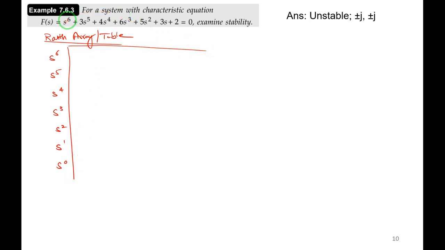We came to know that all the powers of s are present: 6, 5, 4, 3, 2, 1, 0. None of the coefficients are missing and none of the powers of s are missing here. So odd term coefficients 1, 4, 5, 2. 2 is the constant term, mark it, right? Then even term coefficients 3, 6 and 3.